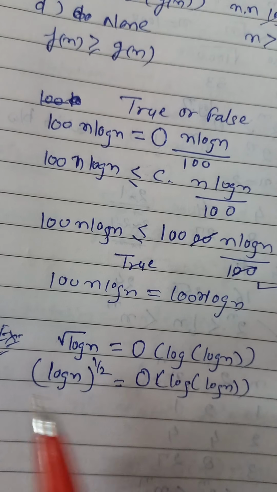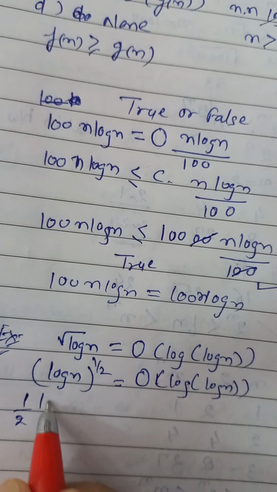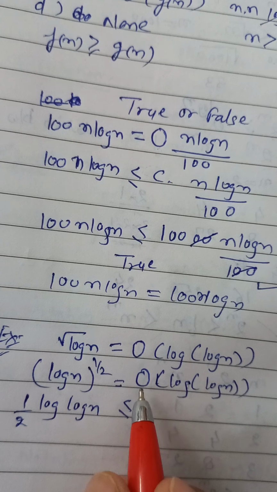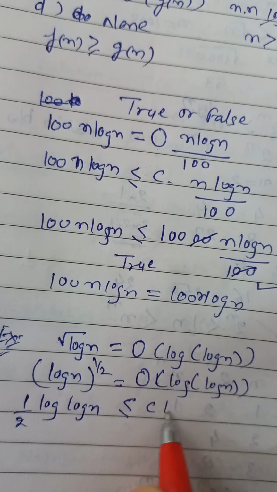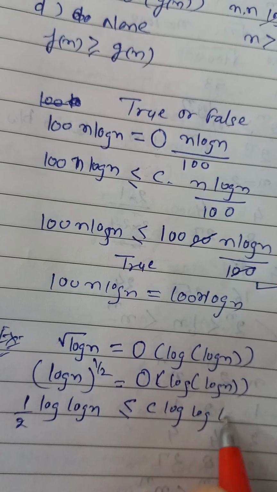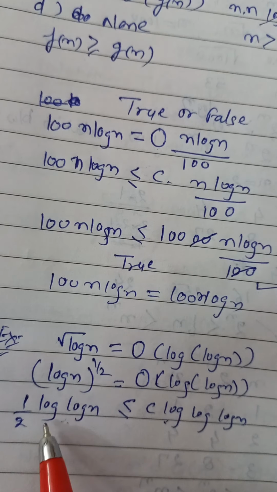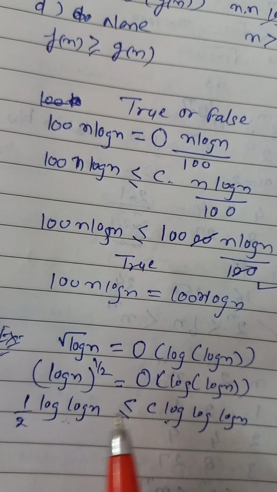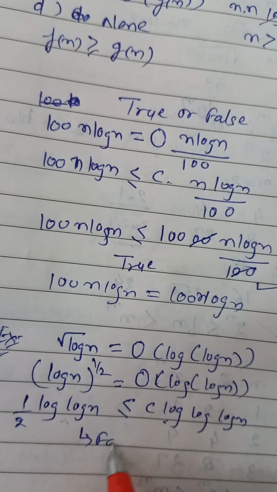If we take log, what will we get? We will get half log log n is less than or equal to C log log n, because this is big O. Because we are taking log, again one log here, half log log n. So we can simply see that there are 3 logs and 2 logs, so definitely this is not true. This is false.